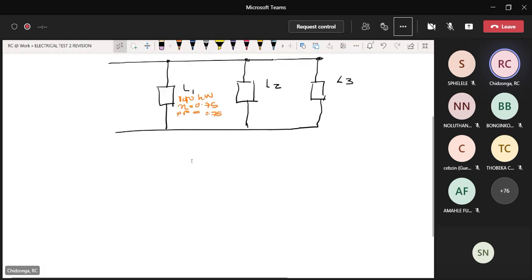Which means the input from the supply side, let's call it S1 or P1, is going to be 110 divided by the efficiency.